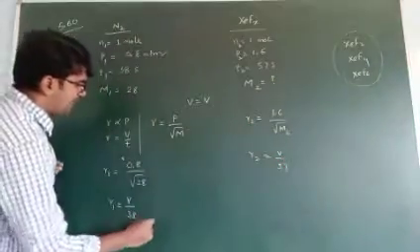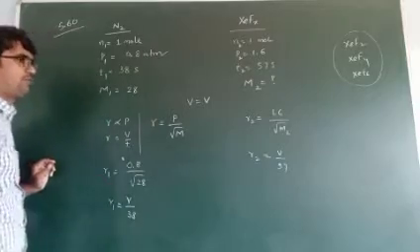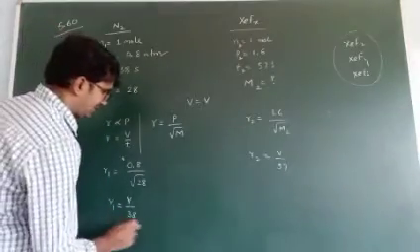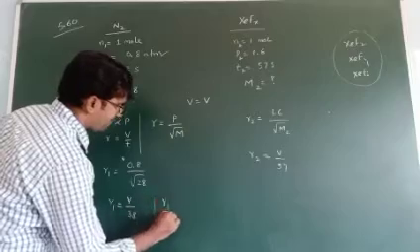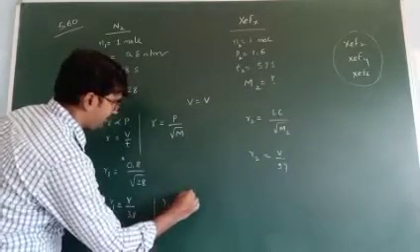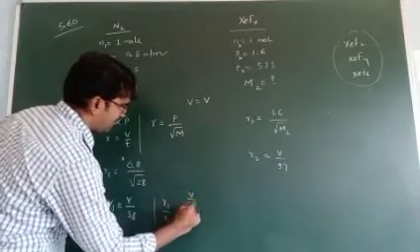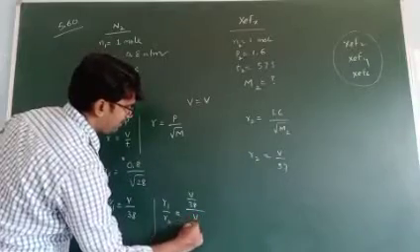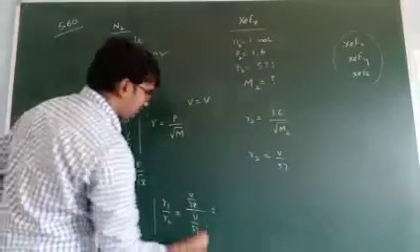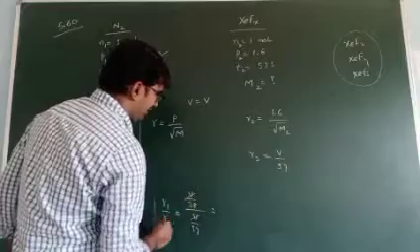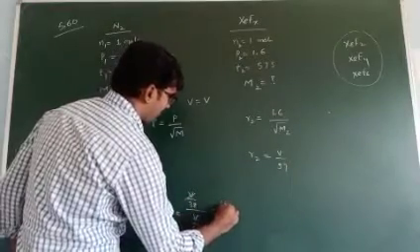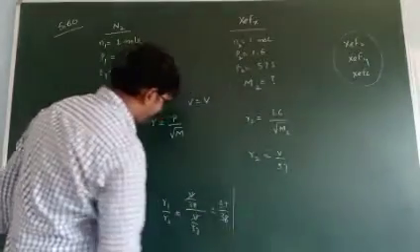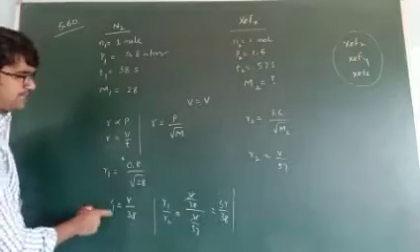Then calculate first R1 by R2 for both cases. So first this one, R1 by R2 is equal to V by 38 by V by 57. So V cancels, so 57 by 38. This is from volume and time.